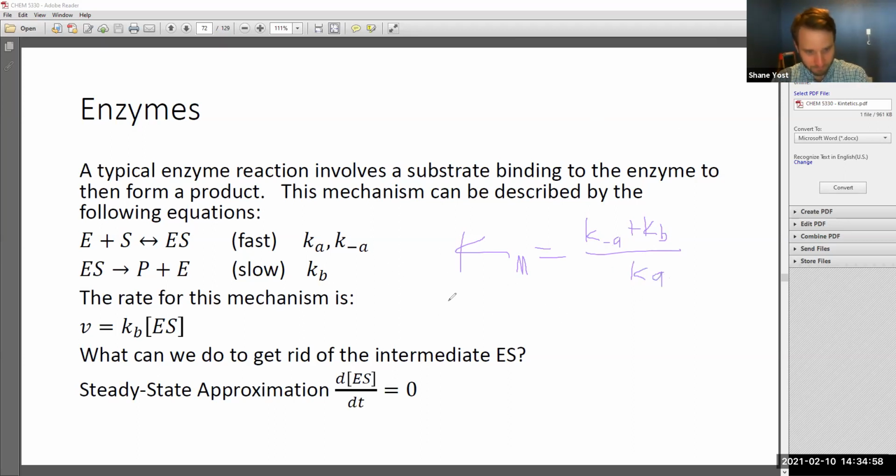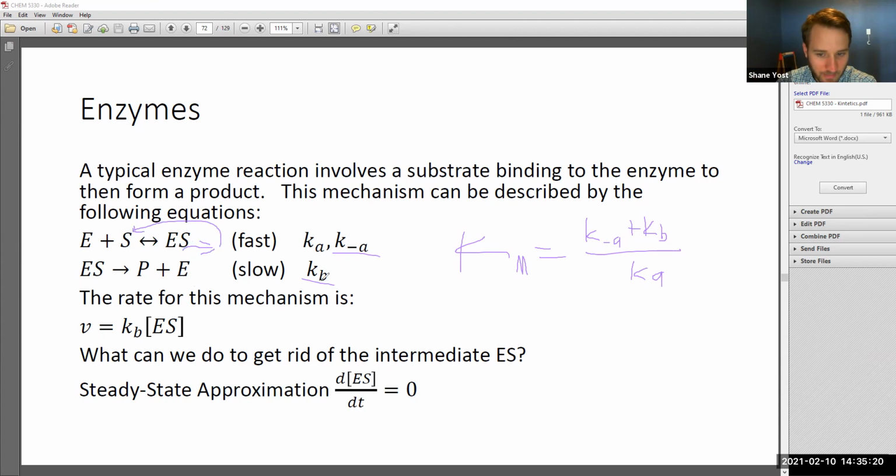Which we know, if you look, K minus A and Kb are for the reactions where the substrate leaves the enzyme, right? K minus A is the substrate leaving the enzyme to form enzyme plus substrate.